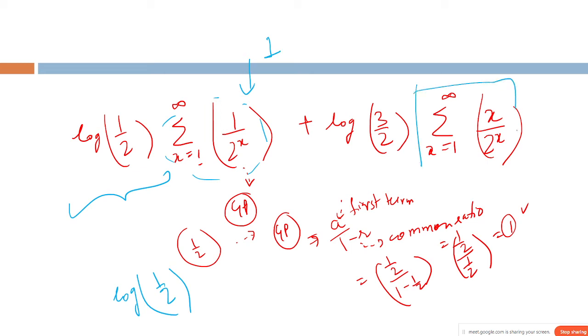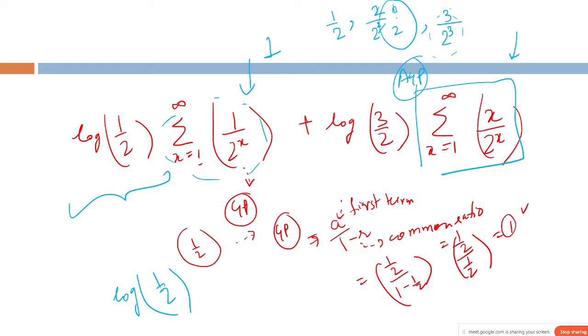So this formula reduces to log of 1 by 2. This entire term came out to be 1. And here you will apply the formula for the AGP series. Why do I say AGP series? If you put x equals to 1, then it will become 1 by 2. If you put x as 2, then this will be 2 over 2 to the power 2, that will be again 1 by 2. And if you put 3, then it will be 3 upon 2 to the power 3.